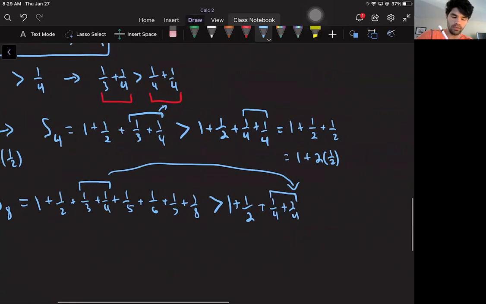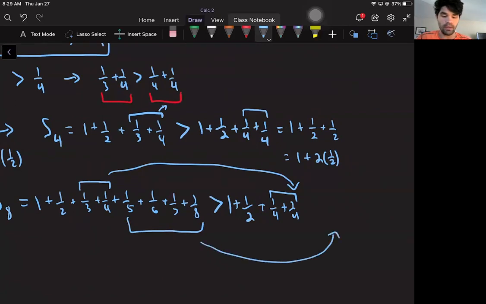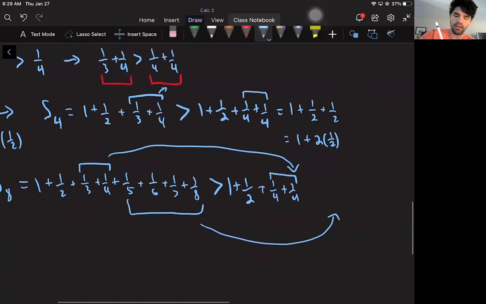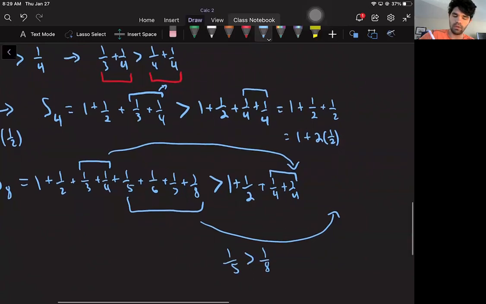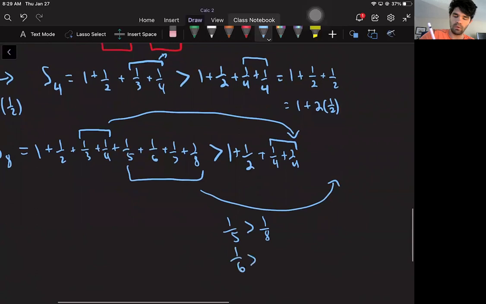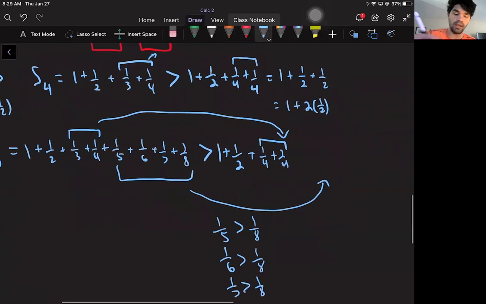But then these ones here, we're going to do something similar. 1/5 is going to be bigger than an eighth, and so is 1/6, and so is 1/7. So if I replace those three with 1/8, then the left side will be bigger than the replaced side.